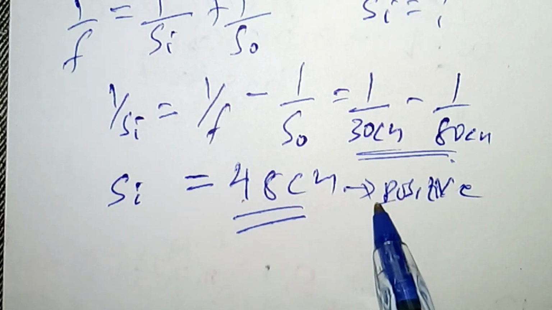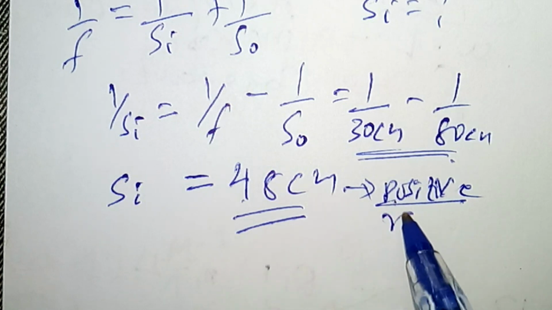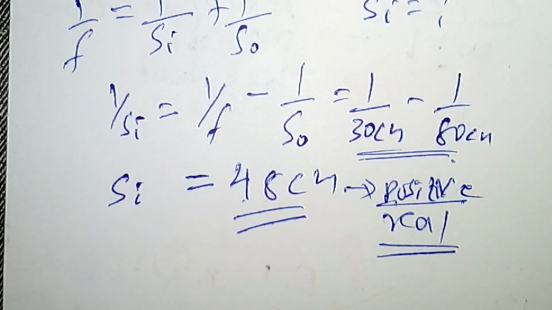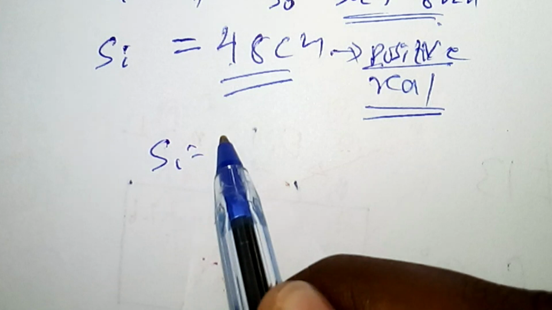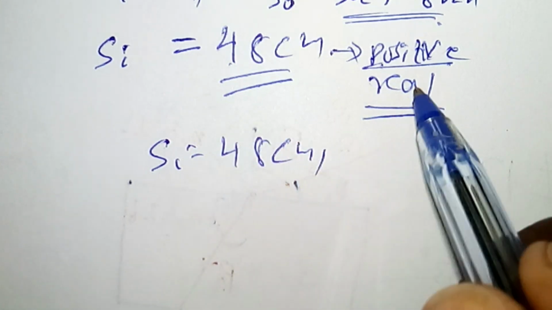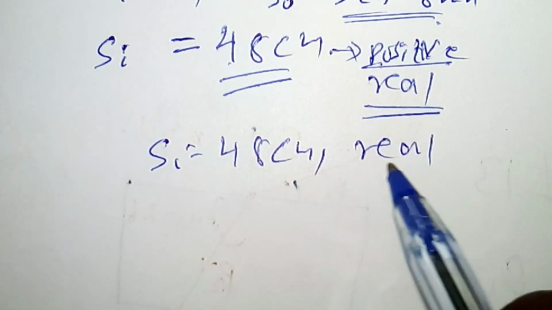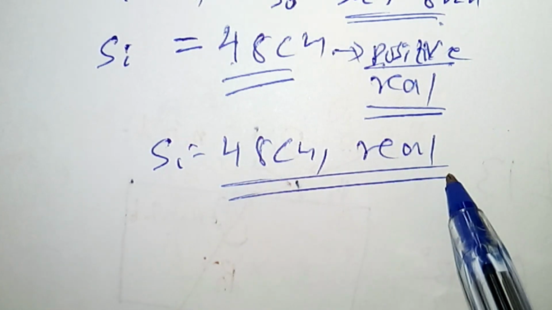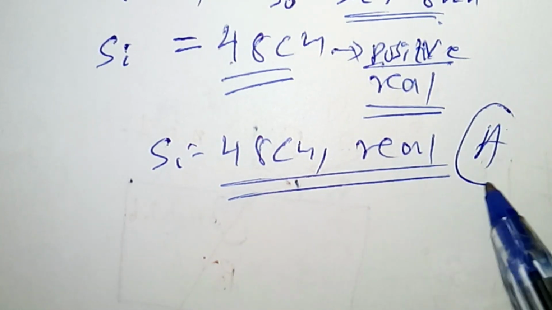The image distance is positive. Positive means the image is real. The image distance is 48 cm and the nature of the image is real. So the correct answer is alternative A.